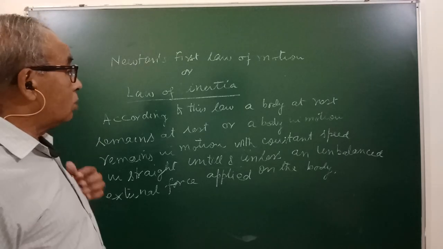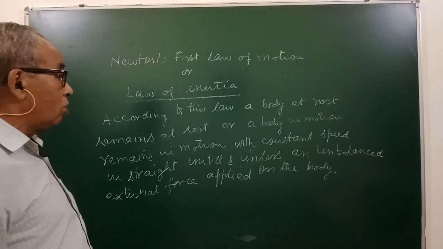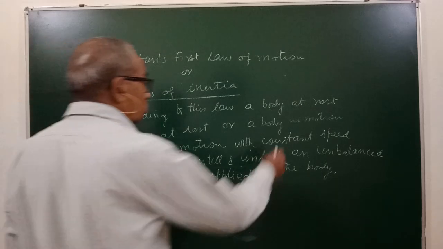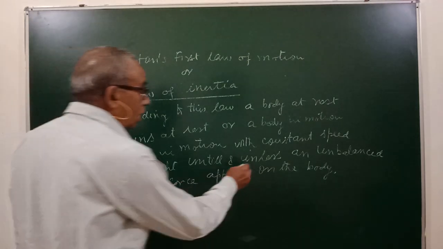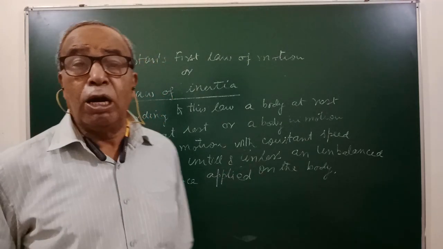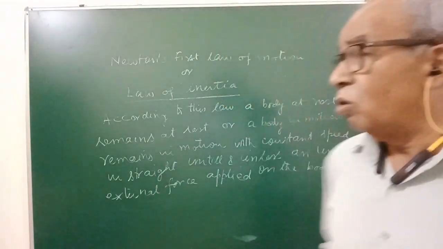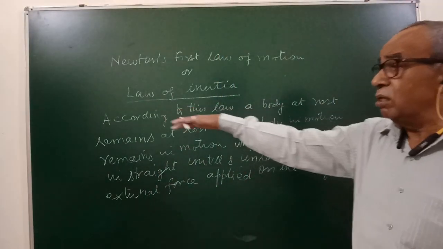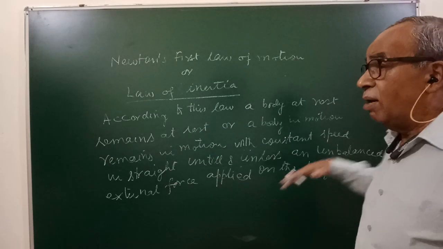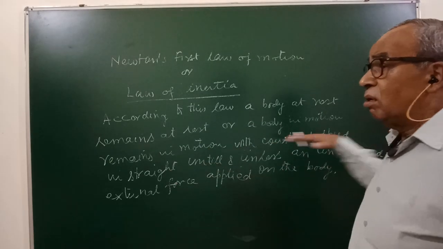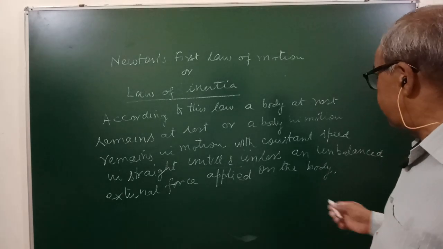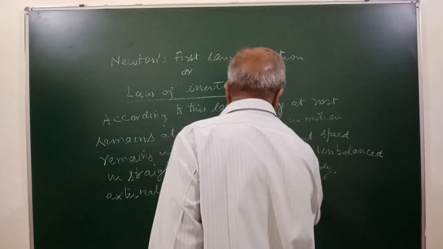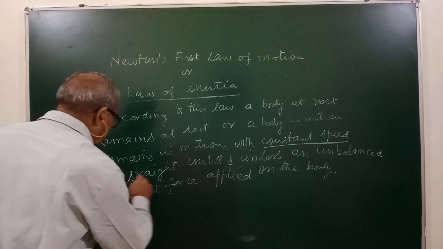So, according to this law, a body at rest remains at rest, a body in motion remains in motion with constant speed in a straight line until and unless an unbalanced force is applied on it. So don't deviate from these words. When I ask my students to state Newton's first law, they generally don't say this thing, in a straight line.